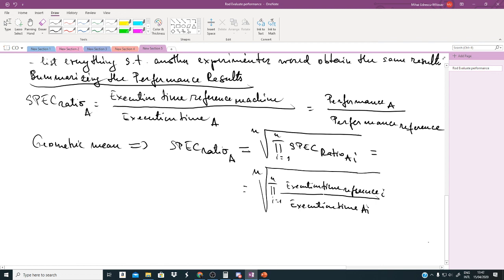Now, this means that when we are looking at the relative performance of two machines, we compare the SPEC ratio of A with the SPEC ratio of B to see which one is better.